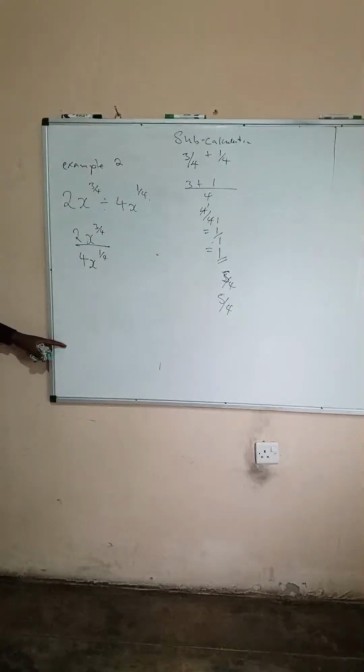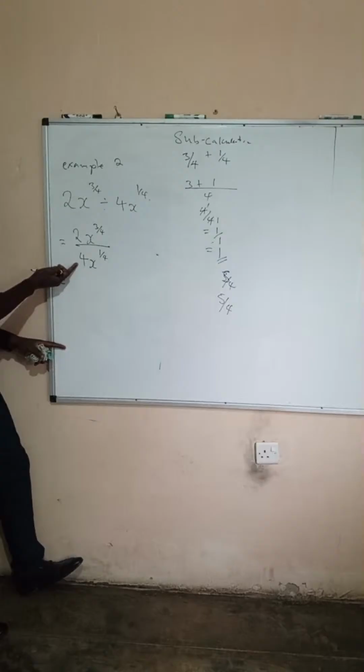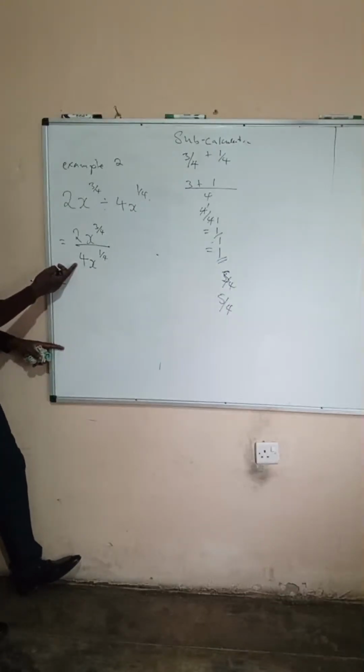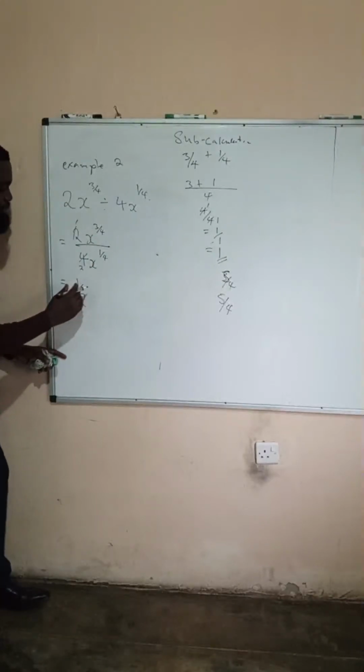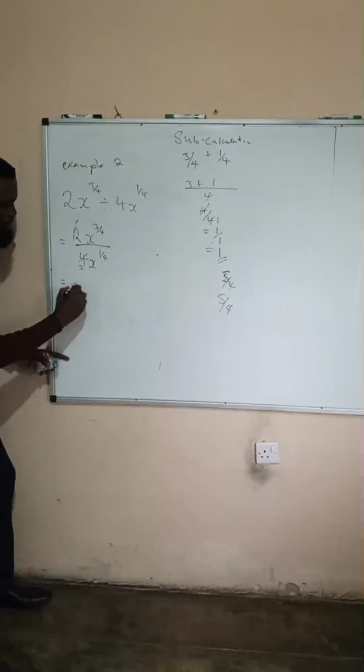Can you see that? You already know that 2 and 4 have a common factor. Okay? 2 into 2, 1. 2 into 4, 2. So 1 over 2.